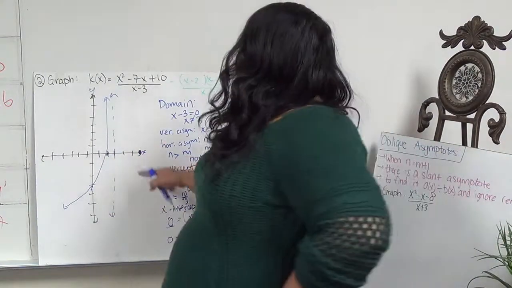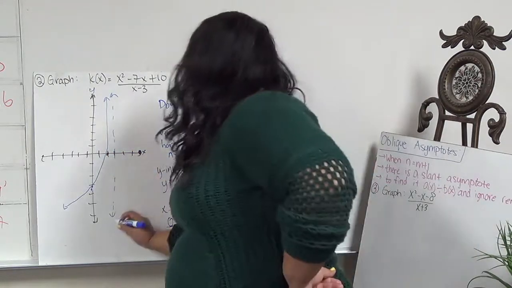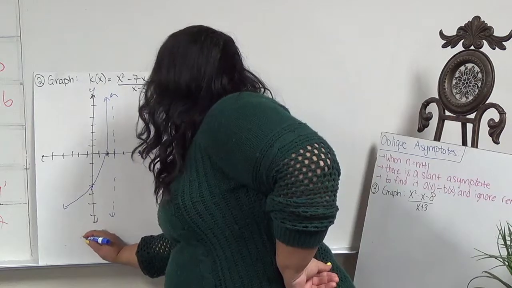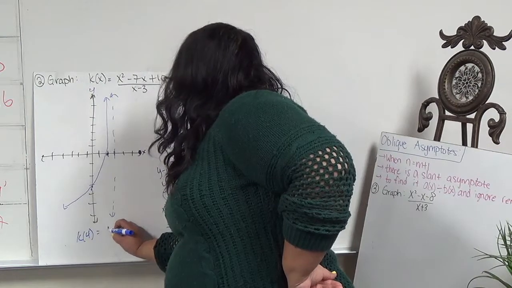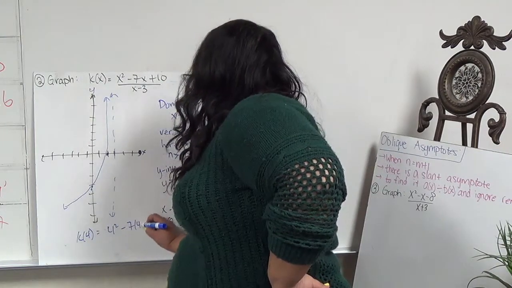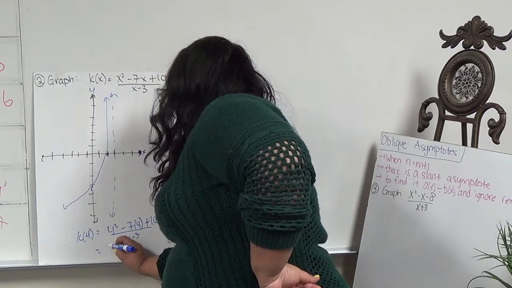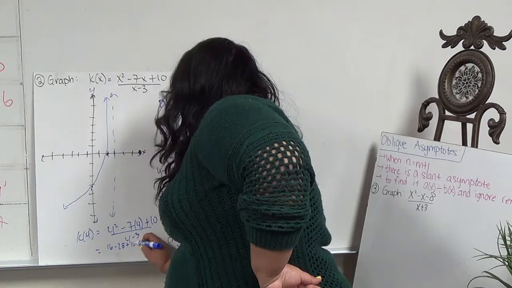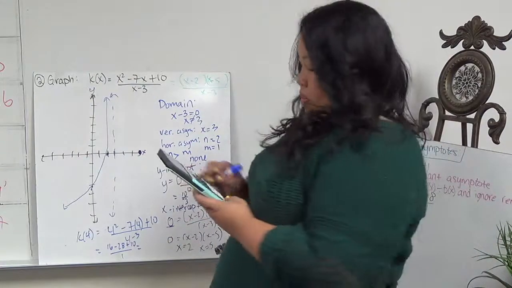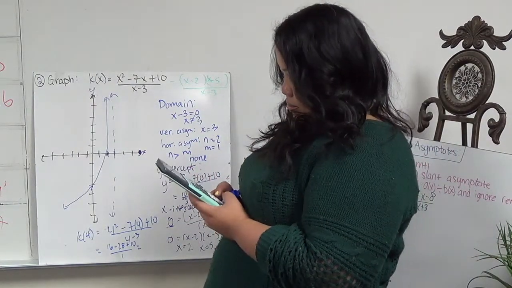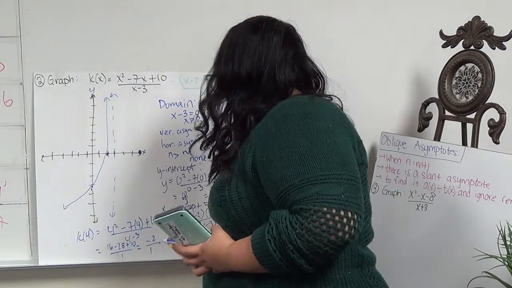Whichever one you want to believe. But let's test 4. So if x equals 4, 4 squared minus 7 times 4 plus 10 over 4 minus 3. 4 squared is 16 minus 28 plus 10 over 1. 16 minus 28 plus 10 is negative 2 over 1, which is the same thing as negative 2.